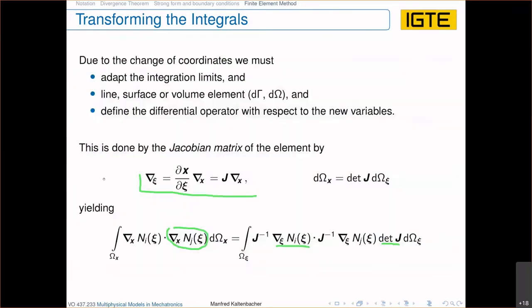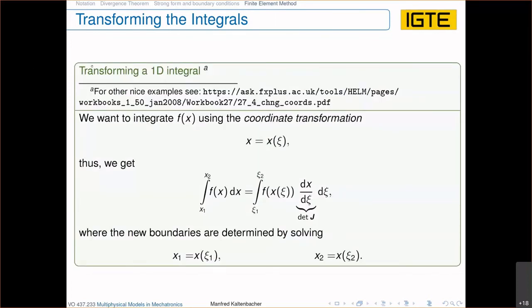Okay, so in this sense, we have now the following: when we transform an integral just in 1D to get it easier, we already have done this for the general 2D or 3D case. That is a substitution. In this sense, the relation between global coordinate x and local coordinate psi, then as we know, the integral is transformed in this sense that the limits x1, x2 get now the limits psi1, psi2.